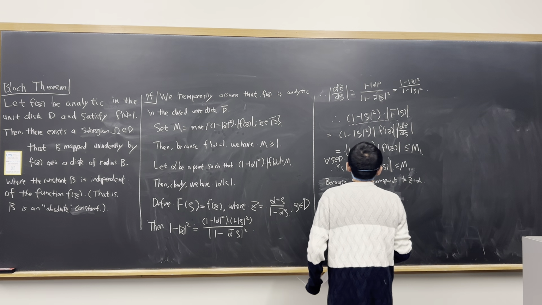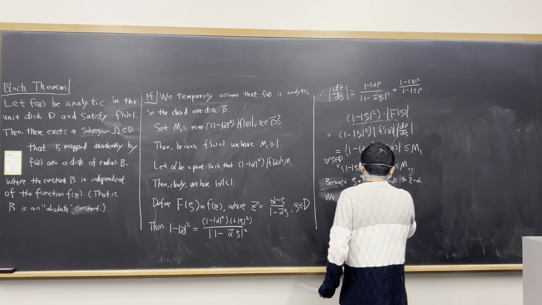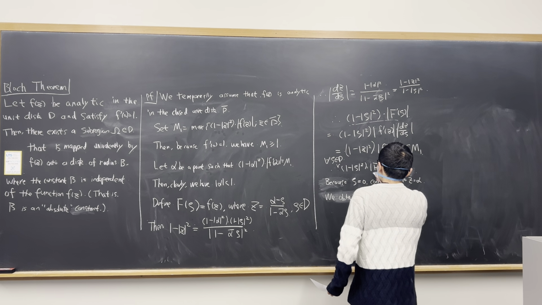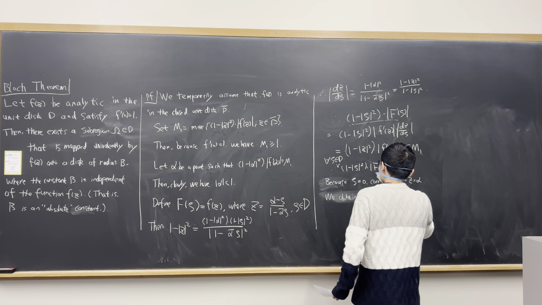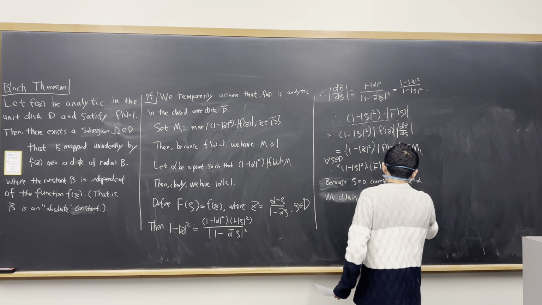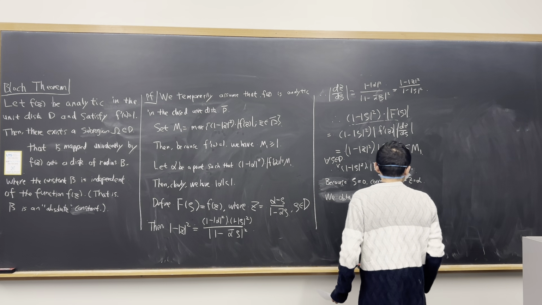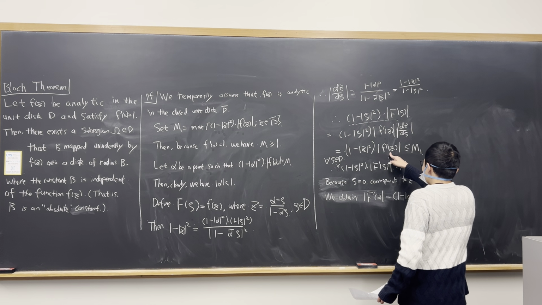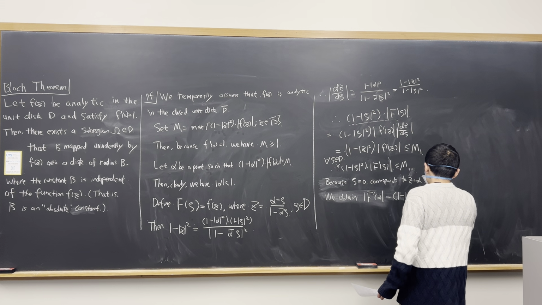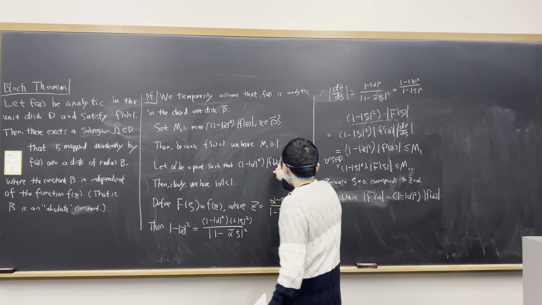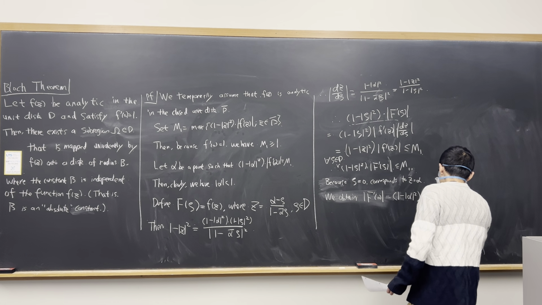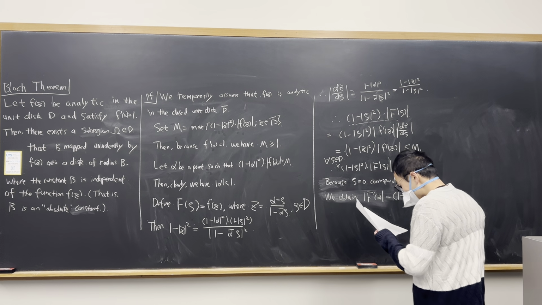So we obtain the modulus of f prime at 0 is equal to 1 minus modulus of alpha squared times modulus of f prime alpha, which attains this m1.